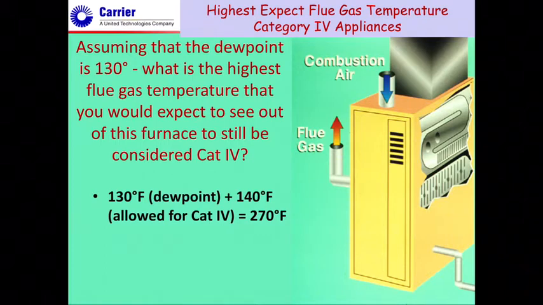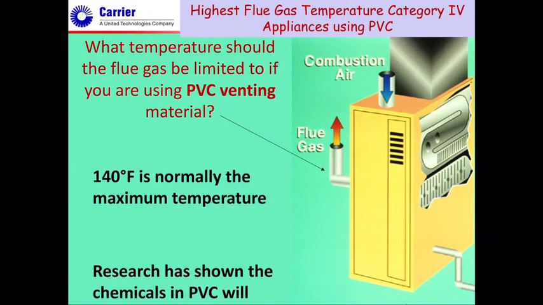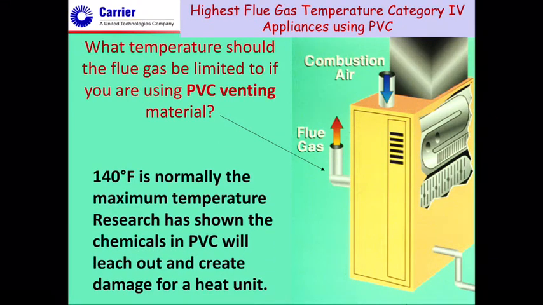So we would expect that those gases would never be higher than 270 degrees, is the assumption. And that's pretty high for a category 4 system, but there are category 4 systems out there that are in the 87 to 89% efficient range, and they are barely condensing. So they run some of these temps that are up in the 200-something range.